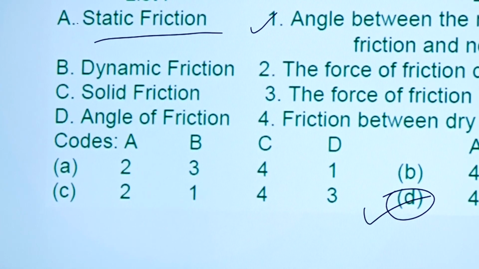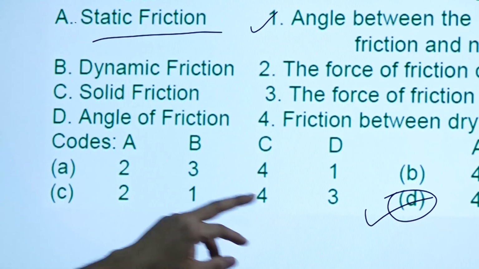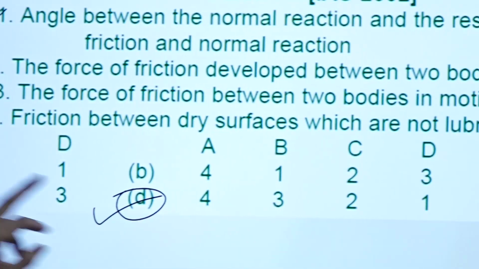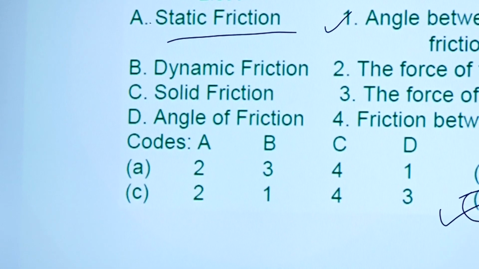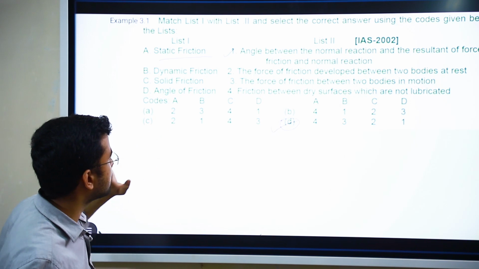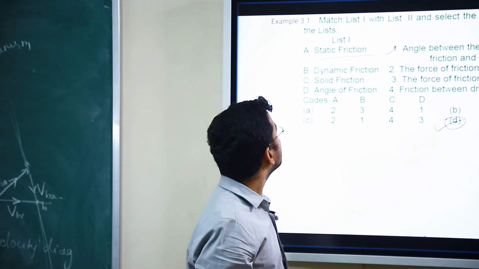If two bodies are in motion, the friction will be dynamic friction, so b is equal to 3, right? Friction between dry surfaces which are not lubricated is solid friction. Okay, so that's how we can solve this problem.